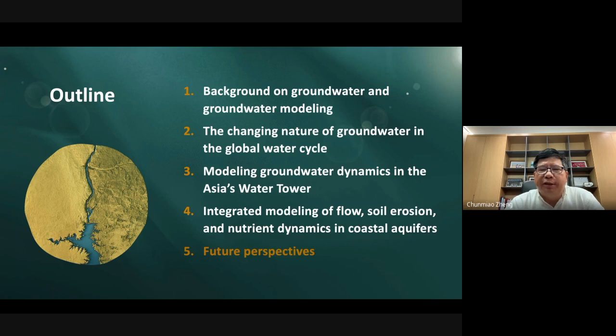The reason is that one is a very cold, high altitude region, mostly about water dynamics and groundwater dynamics, and the other is where groundwater is part of a multidisciplinary study looking at the very complex flow and soil erosion, because soil erosion carries a lot of nutrient, and then ocean dynamics. So I think that gives you a taste of the complexity of groundwater processes.